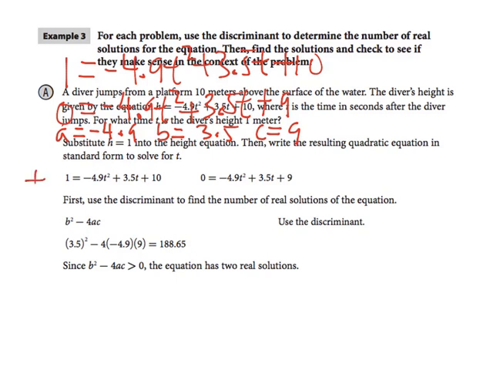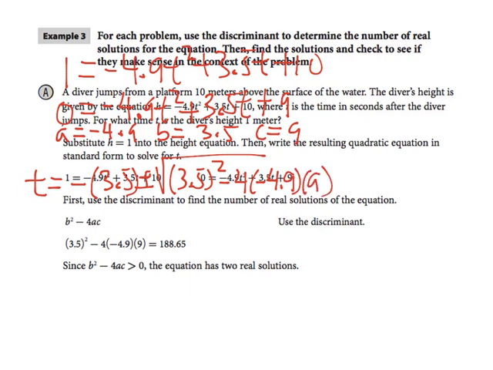So we say that t equal to negative 3.5 plus or minus square root of 3.5 squared minus 4 times negative 4.9 times 9 all over 2 times negative 4.9. Right, so from this on, we need to use our calculator.